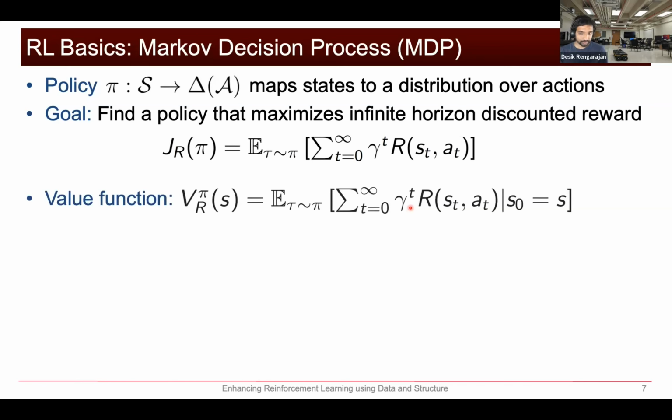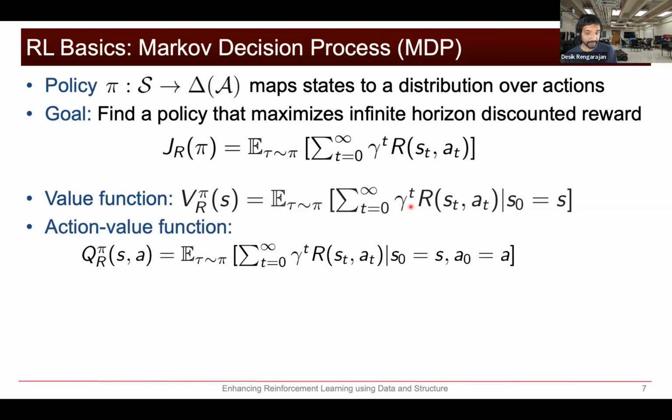The value function of a policy pi at state S is the reward you get starting from state S and following policy pi throughout. And the action value function, or the Q function, is the reward you get when you start at a state S, take action A, and follow the policy pi after that. So the cumulative sum of reward you get is known as the Q function.